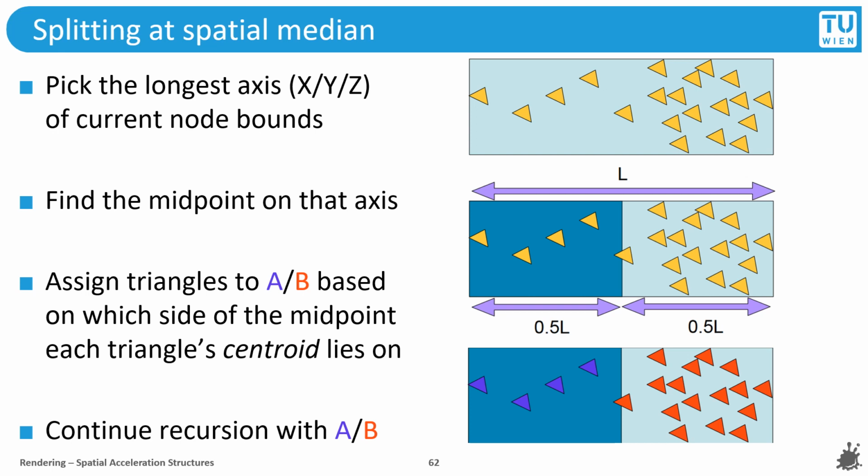And then you simply assign every triangle inside your node either to group A or group B, based on which side of the midpoint the triangle's centroid lies on. And that leaves you with two groups, A and B, which are generally the primitives that will go into the child nodes for the node that you have just split.